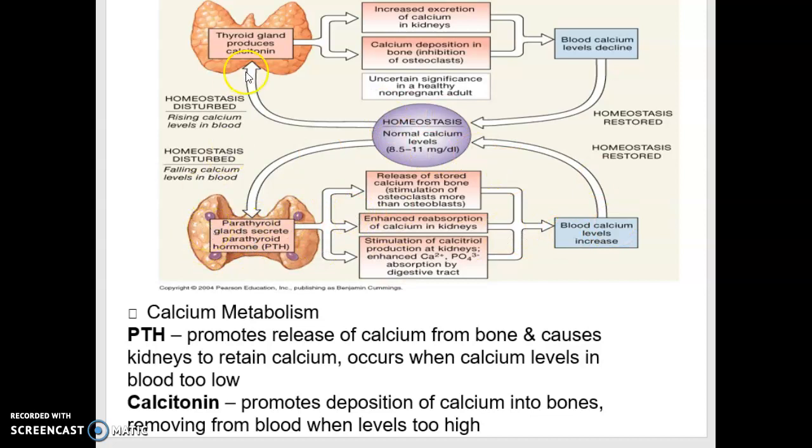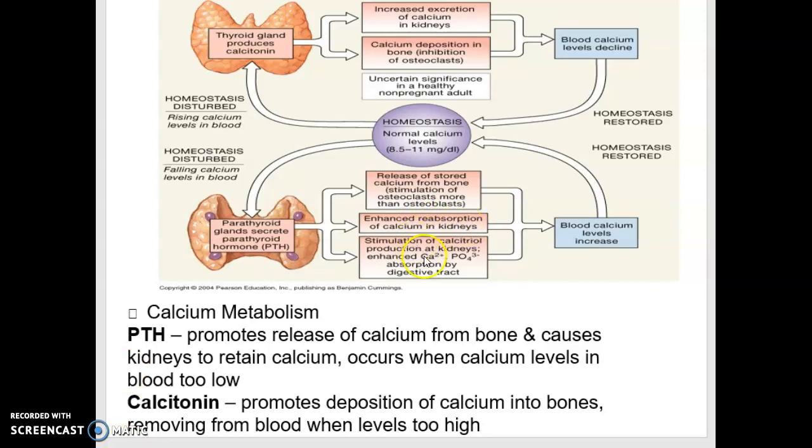And so again, the thyroid gland, the calcitonin, is causing me to pull calcium out of the blood to lower it. And the parathyroid hormone is causing me to release calcium from my bones and reabsorb in the kidneys instead of being released in the urine.